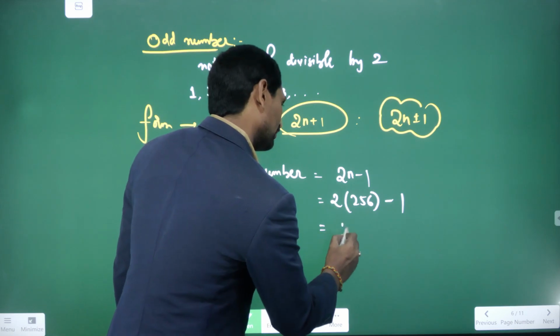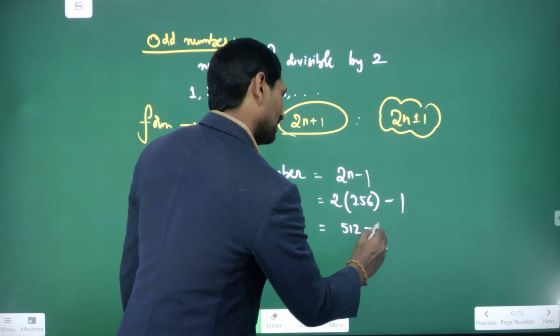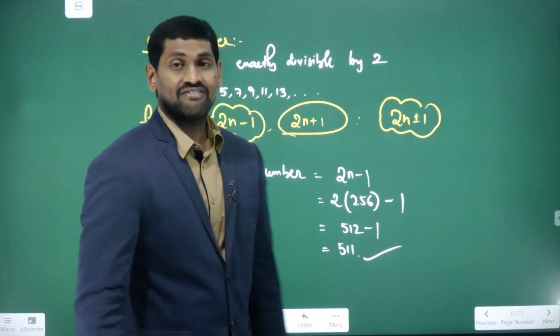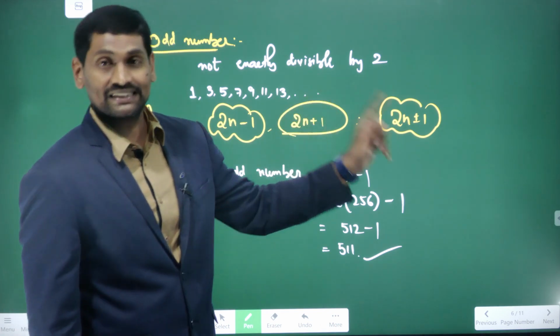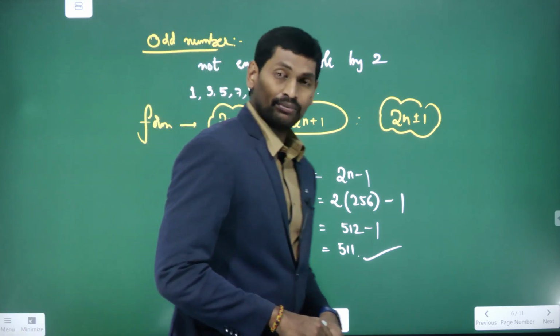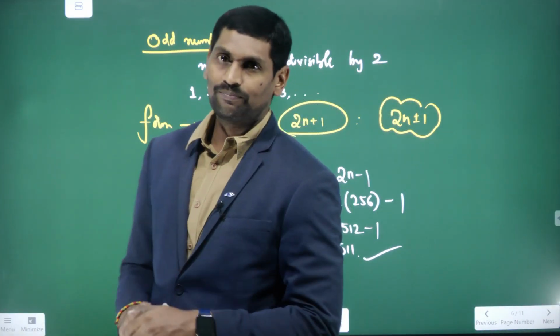So 2 into 256 is 512, minus 1, so 511. So 511 is the 256th odd number. Even numbers are in the format of 2n, and odd numbers are in the format of 2n plus or minus 1.